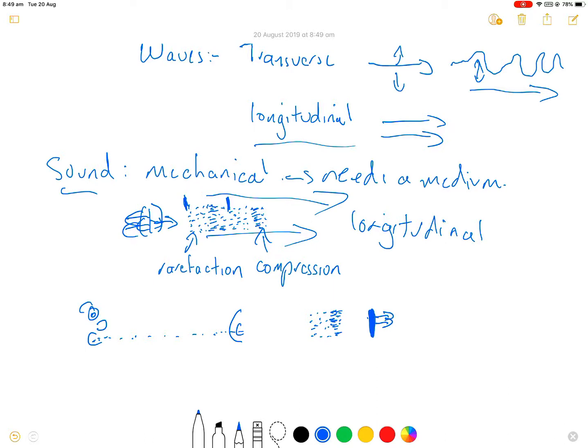But then once the compression has passed and the rarefaction hits, you're no longer going to have that same force pushing it in this direction, so the eardrum will move back in this direction. Then when the next compression comes, it will force it in this direction, and then when the next rarefaction comes, it will move back in this direction.